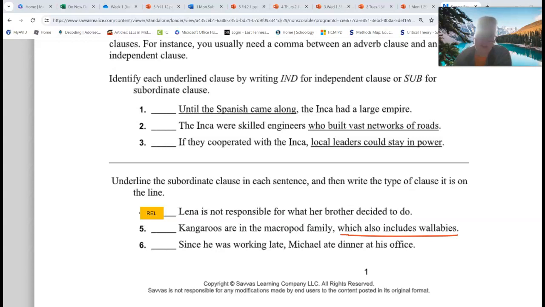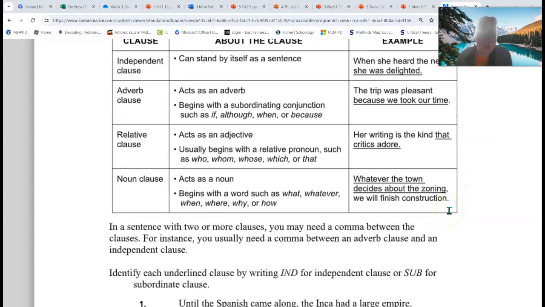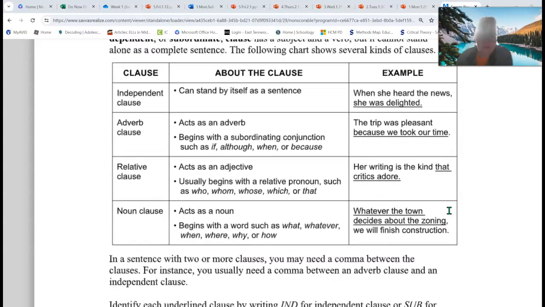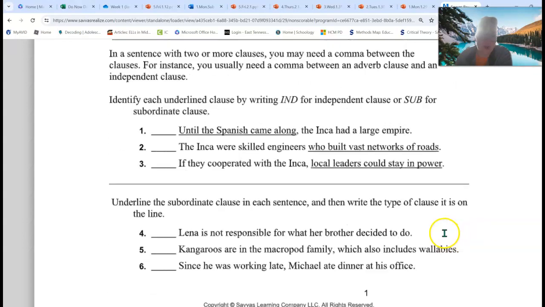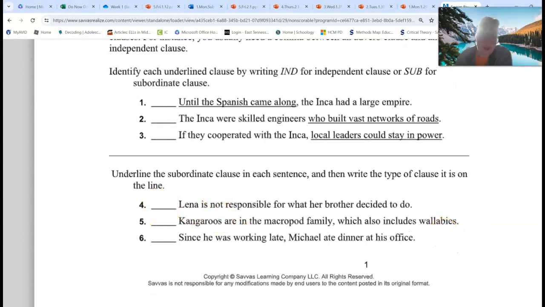It is giving us information on the macropod family. So we look for the word which. We see the word which, that further cements our thought. So we have another relative clause. We have one relative clause, and we have another relative clause.